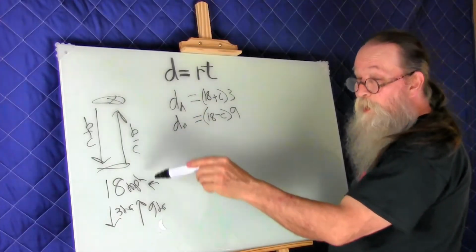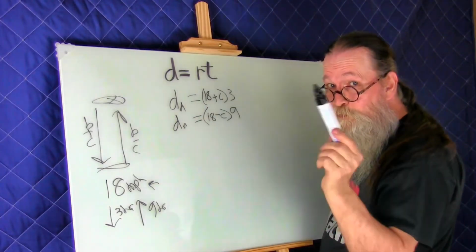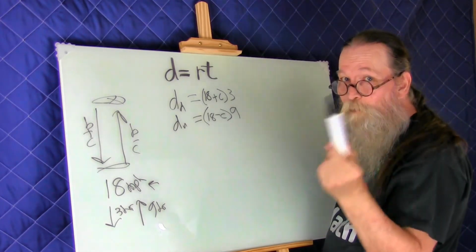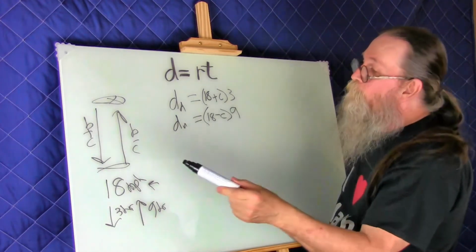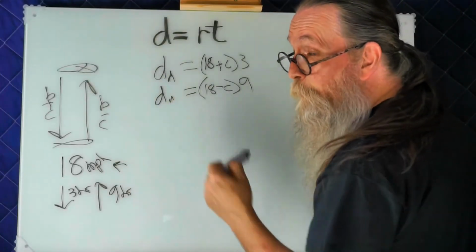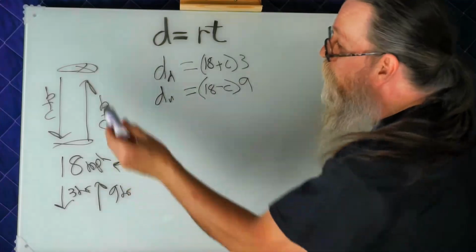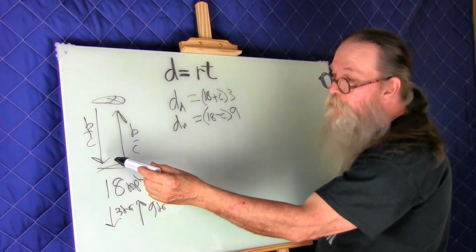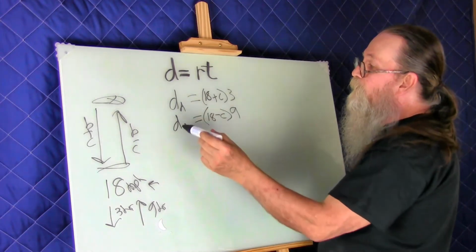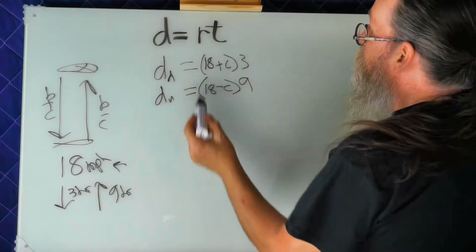They tell us in the problem, and again, that's one of the things when you read a problem, you want to read it carefully and store up all the information that they give you. They don't tell us directly, but what they say is we return to the place that we started. That means the distance downstream is equal to the distance back upstream. So these two things equal each other.